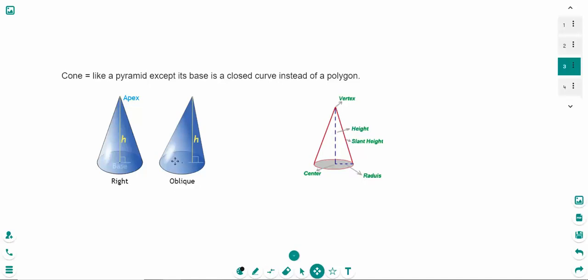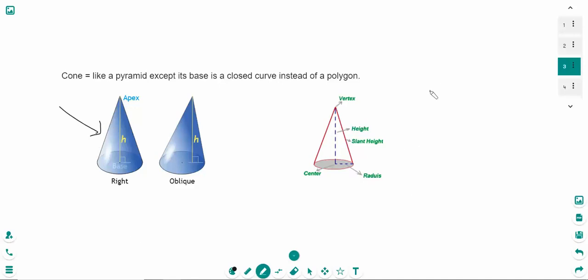It's skewed off to the side. So the cone is leaning one direction or another. And again, for our purposes in the book, most of the time they're going to give you just right cones.